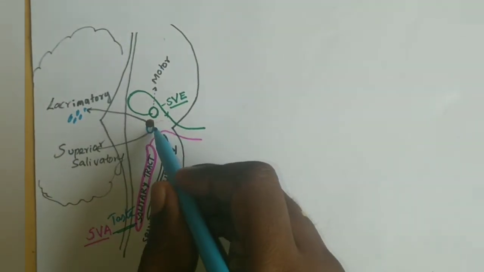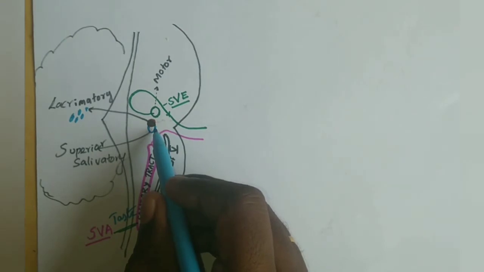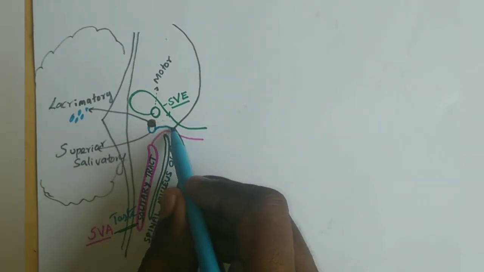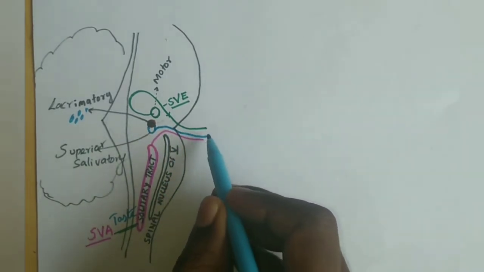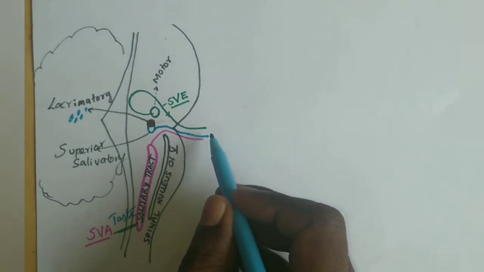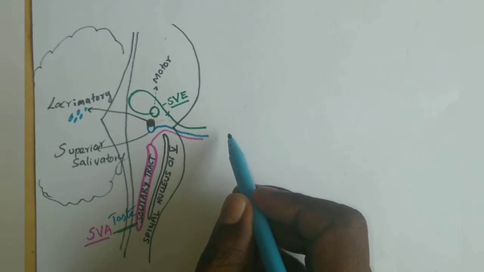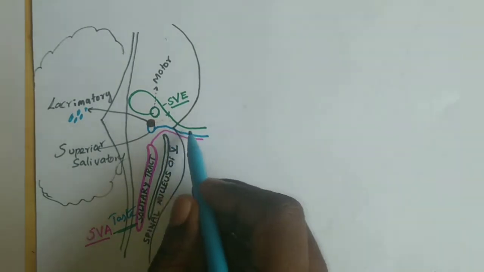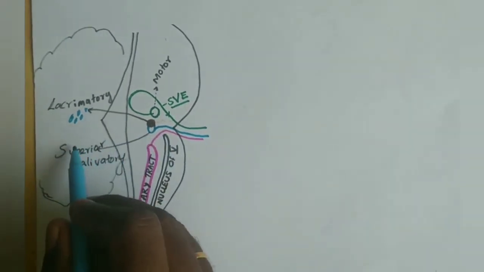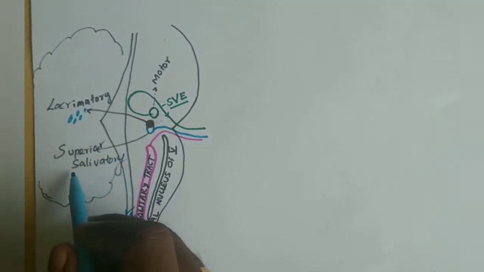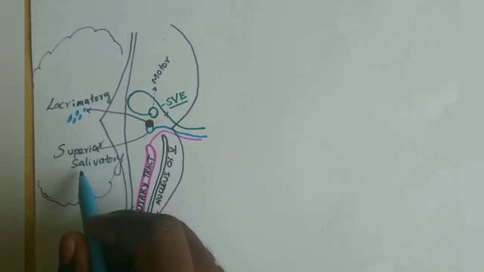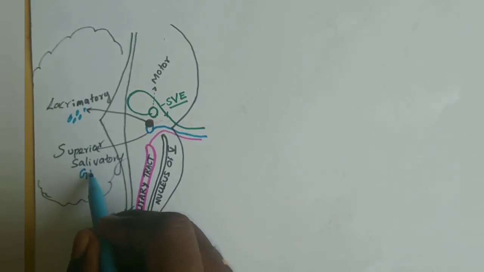Next, the fibers which are coming from the superior salivatory nucleus are going to supply the glands of the palate, nose, submandibular gland and the sublingual gland. These fibers are considered general visceral efferent.